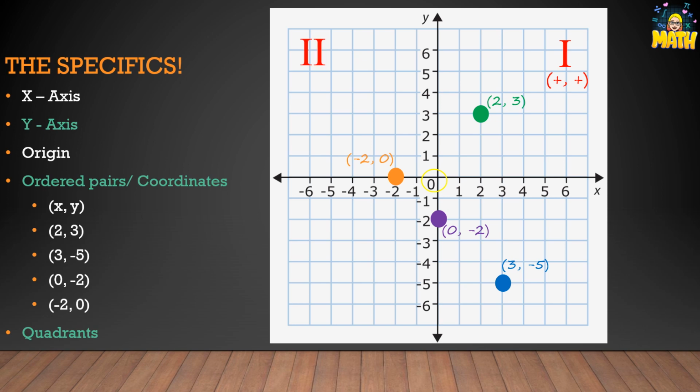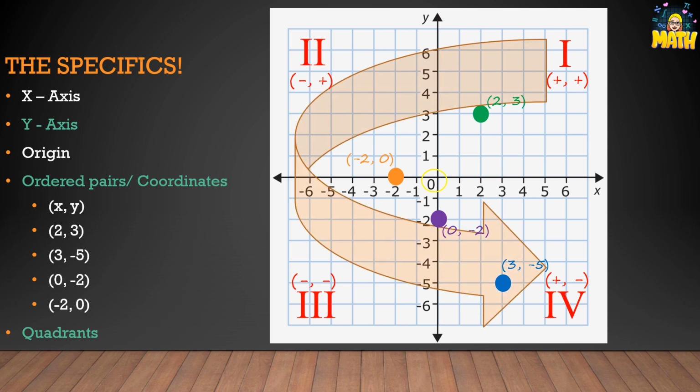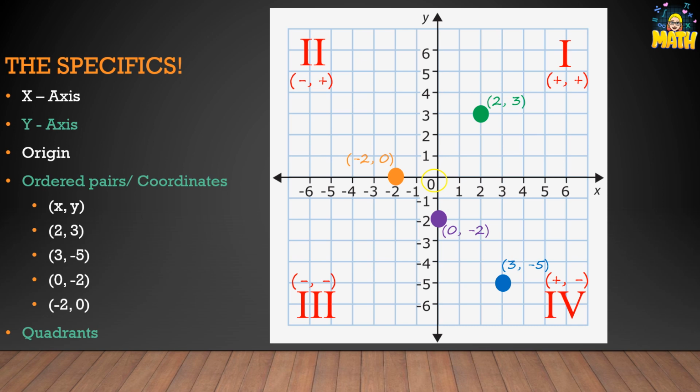It then goes in an anti-clockwise direction, making this one quadrant 2, which has negative, positive numbers. This one over here is 3 with negative, negative, and the final one is 4 with positive, negative numbers. As I said, it's that anti-clockwise direction, and that is our 4 quadrants in the Cartesian plane.